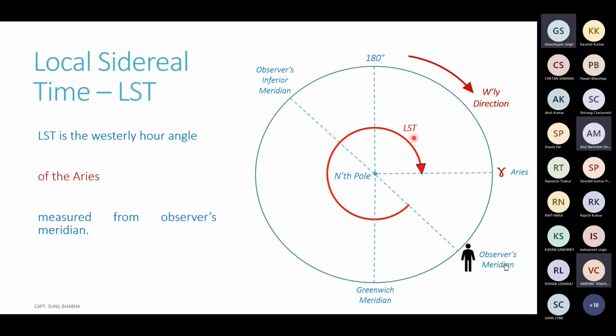So when you measure this angle in degrees, you divide it by 15 and you get the LST in hours, minutes and seconds. This is the definition of local sidereal time: the westerly hour angle of Aries measured from the observer's meridian.